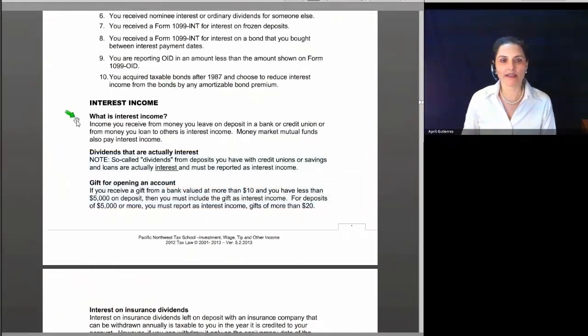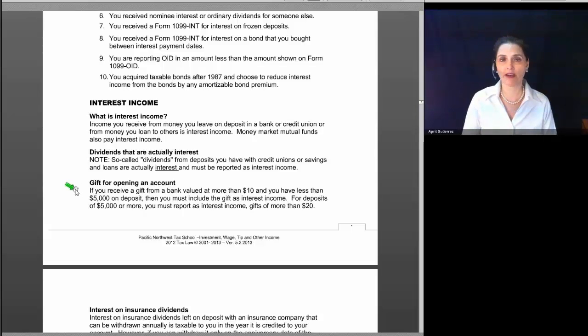Interest income, what is it? Well, interest income comes from money that you have on deposit in a financial account. It also comes to you as income from money that you loan to others. The IRS does go out of its way to point out that some dividends are actually interest, and anytime you have money on deposit in a credit union, the credit union is going to call the interest it pays you dividend income. However, it's not dividends, it's interest. So credit union dividend income is always interest.